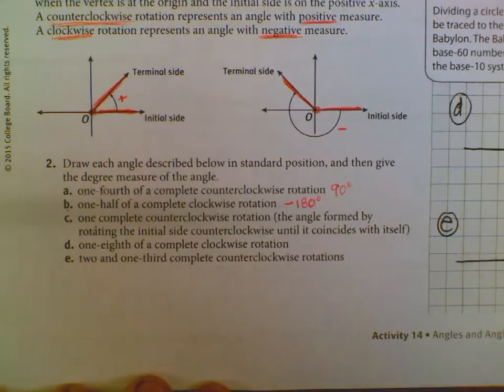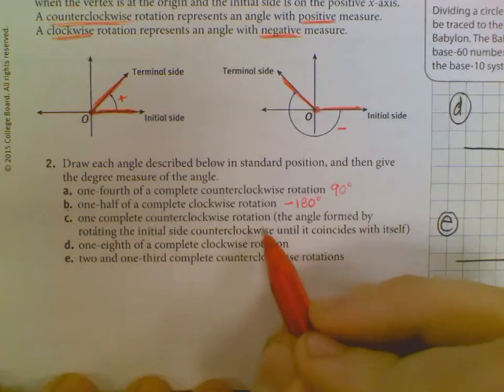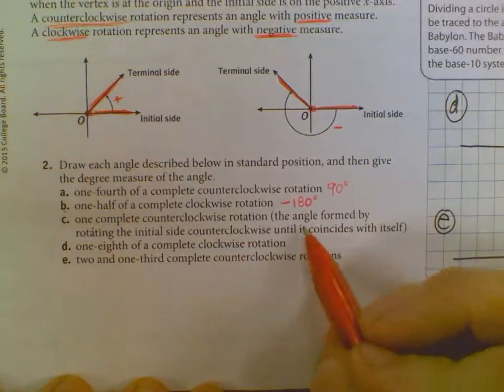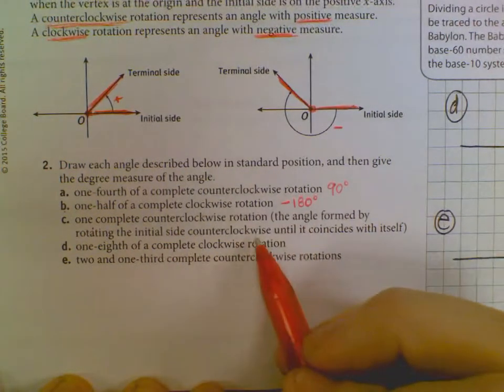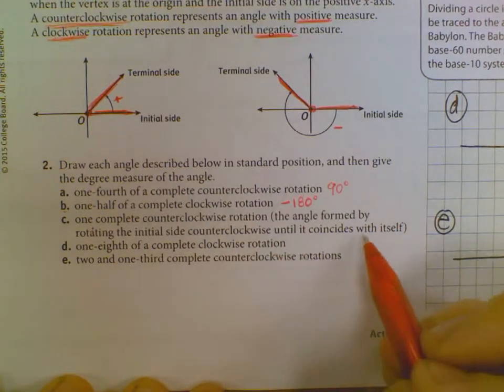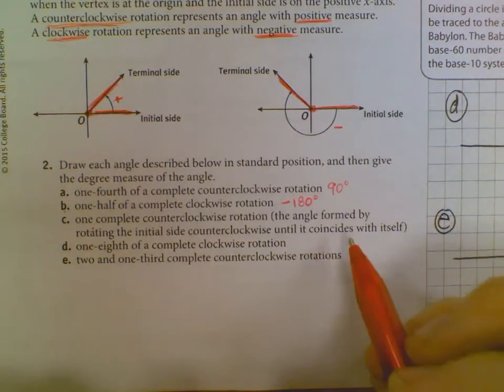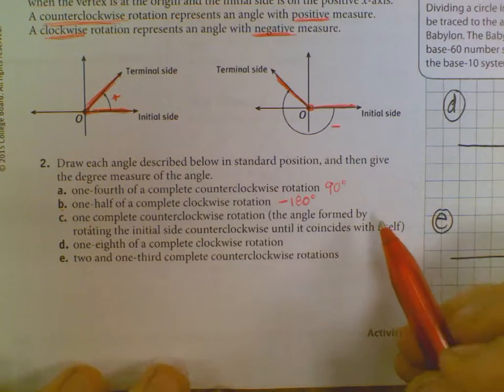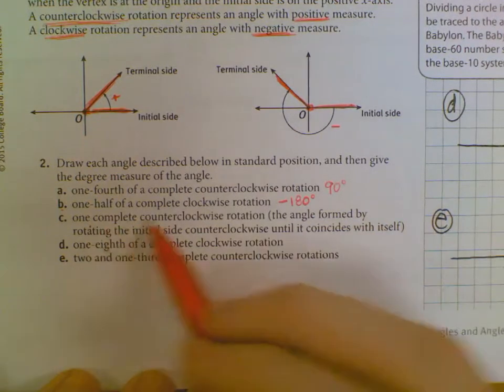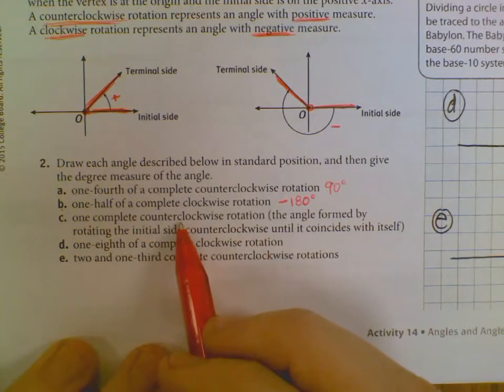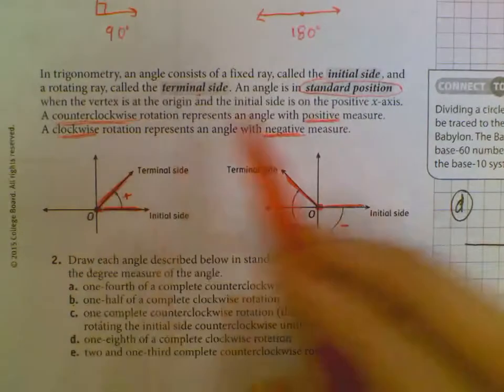Hopefully you're getting this. The third one, one complete counterclockwise rotation. Parenthesis, the angle formed by rotating the initial side counterclockwise until it coincides with itself. So coincide just means back where it started. You already know what this looks like, right? Before I even draw it, one complete counterclockwise rotation, well, counterclockwise, we just said counterclockwise, positive.